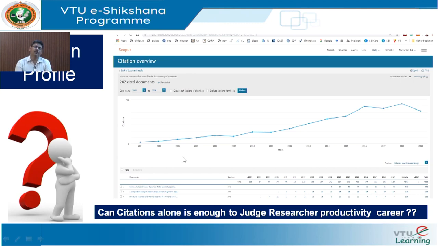Now the problem is, imagine a scenario where he has published 200 articles and he has got 4,600 citations, a fantastic research career. But imagine out of those 4,600 citations, 4,550 citations have come from one paper which he published 20 years before.